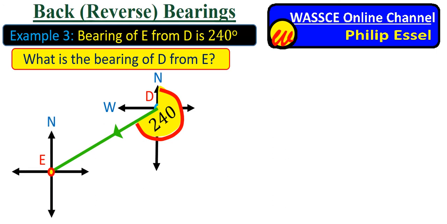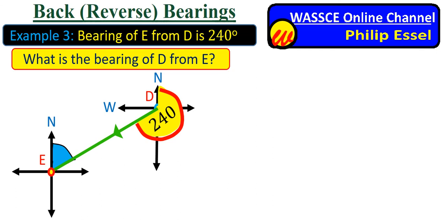We will then measure from the north pole of the point E in clockwise direction the angle between the north pole and the green line. So let's quickly show that. So we've been able to show that angle with the blue color, but we will need to find its actual value.